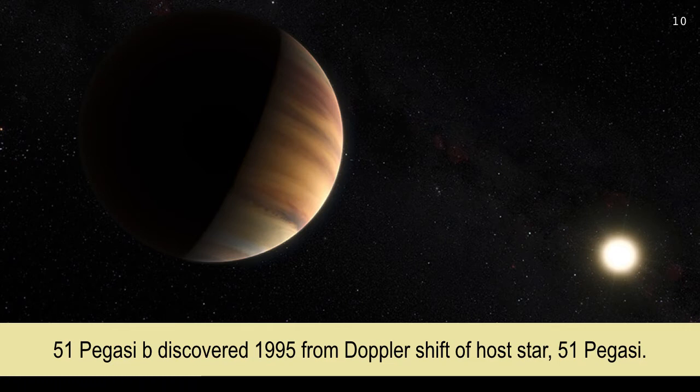Okay, so what we do is we look at the Doppler shift in the star, and we see if there's any variations over time. And if the variations repeat, that means something is causing the star to move away, move toward, move away from Earth, move toward the Earth, back and forth.